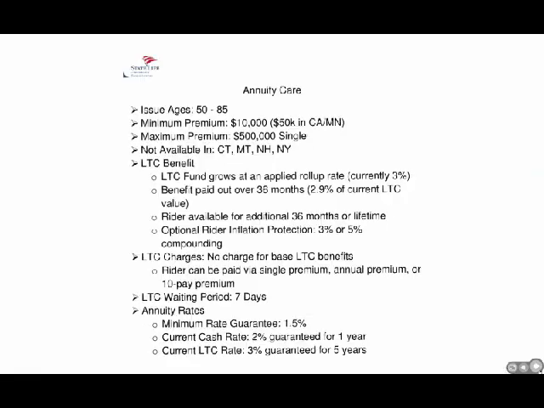If you use the money for cash purposes, for anything other than long-term care, the current rate as of October 1st will be 2%. But if you use it for long-term care, it would be at a 3% rate. That's where they're giving you a benefit. They're not actually charging you. They're giving you a little bit of a bonus if you're using it for long-term care.